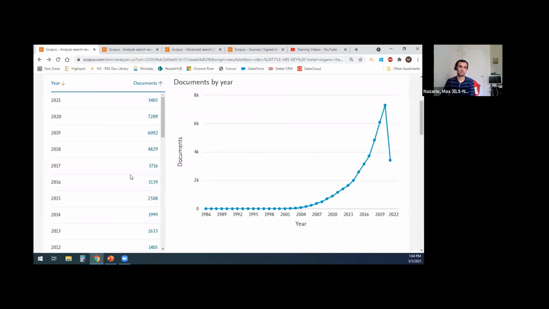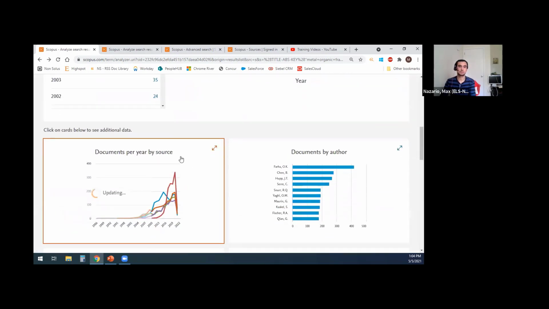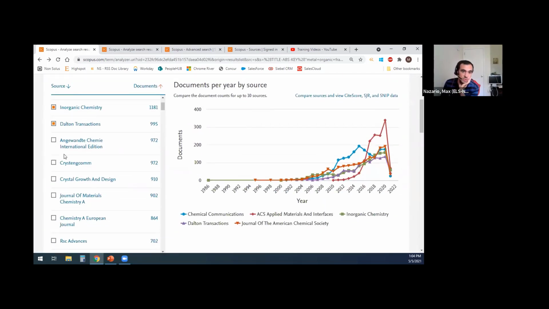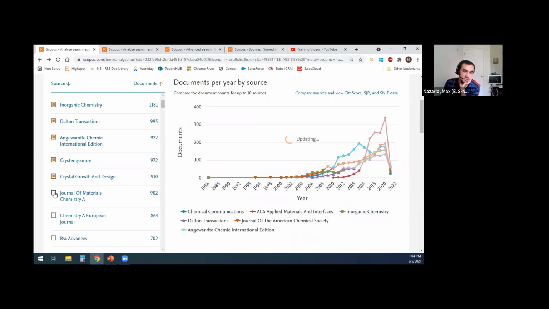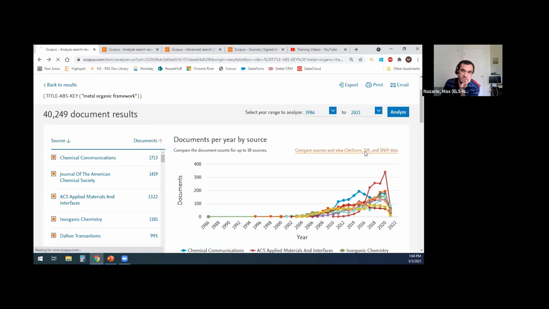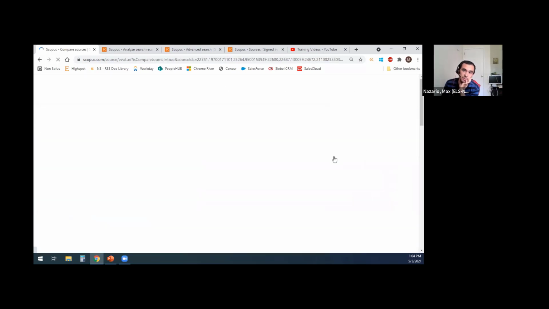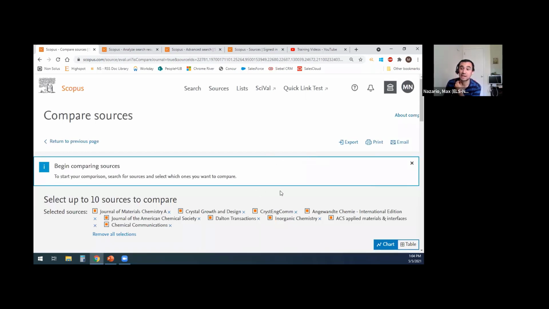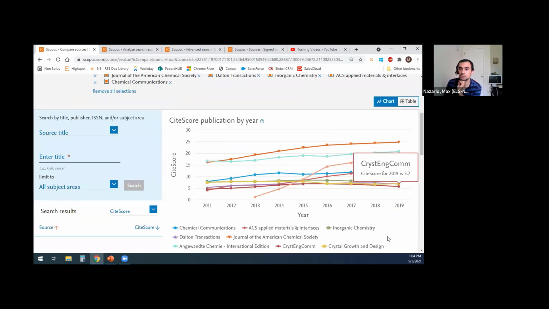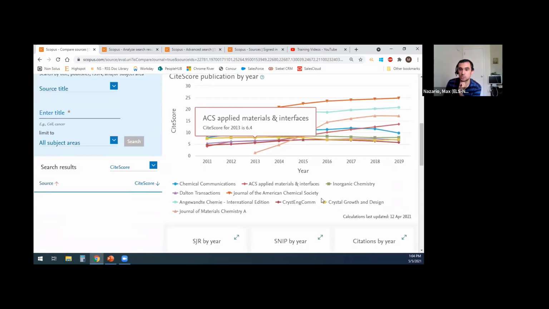I'll go back very briefly. Apologize for that. So going here, if I'm working from analyze search results, I can choose up to 10 of these. And then I can compare these sources using their journal bibliometrics in order to see the high-impact sources among the ones returning these results, and how they compare to each other based on, in this case, their CiteScore.